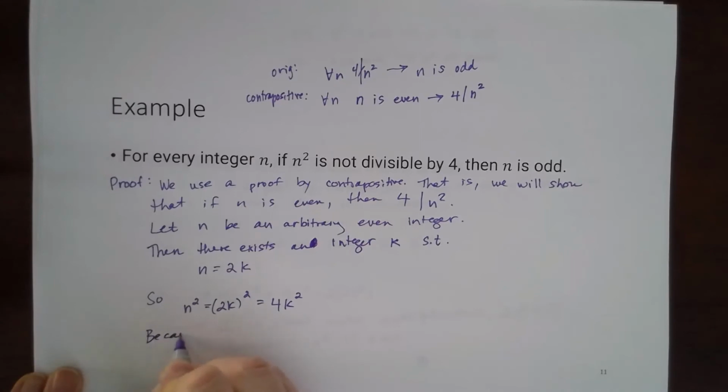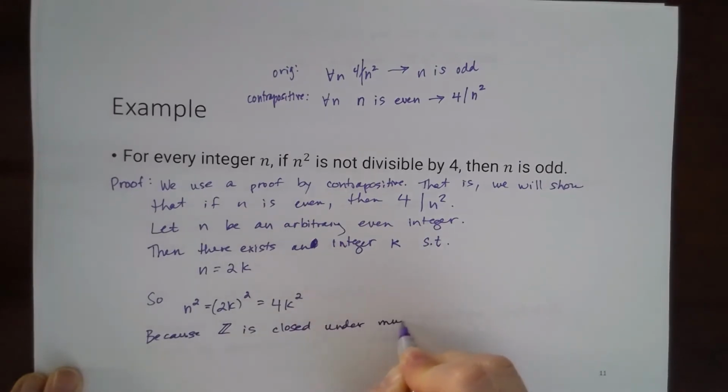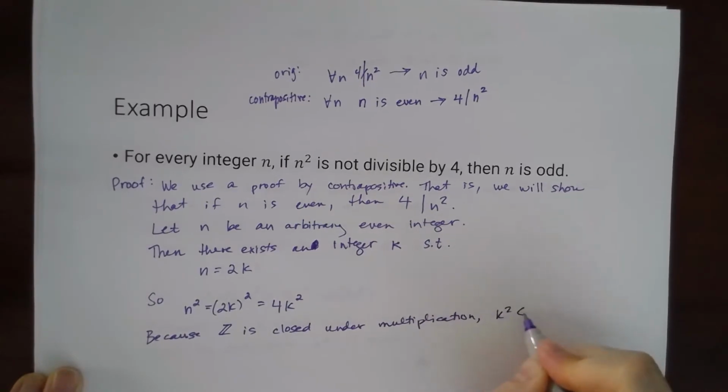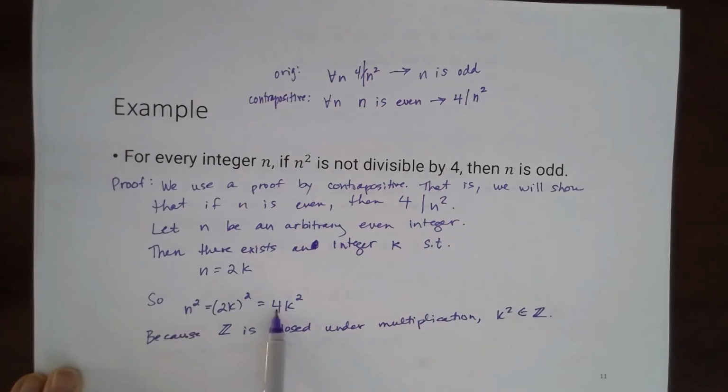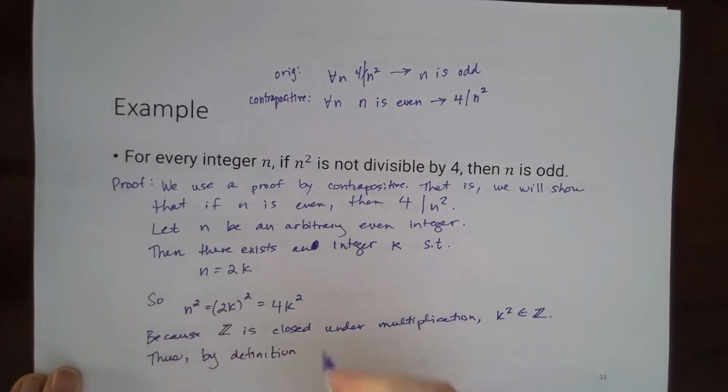Because the set of integers is closed under multiplication, we know that k squared has to be an integer. And so we now have n squared written as 4 times an integer, and we've met the definition of divides. So thus, by definition, 4 divides n squared.